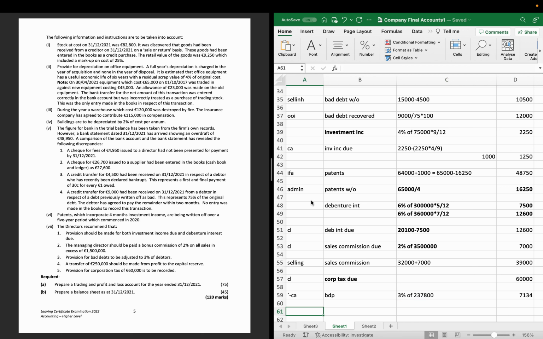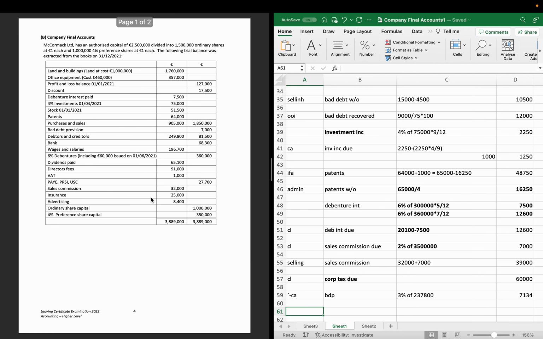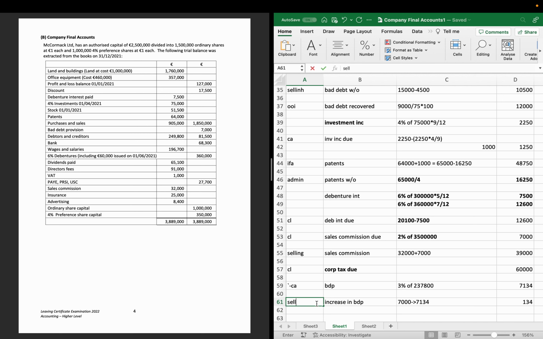And then the increase or the change in bad debt provision, if there is one. So there's a bad debt provision of 7,000. So you have an increase of 134. And that will be a selling expense. So there's loads and loads of expenses in this question.